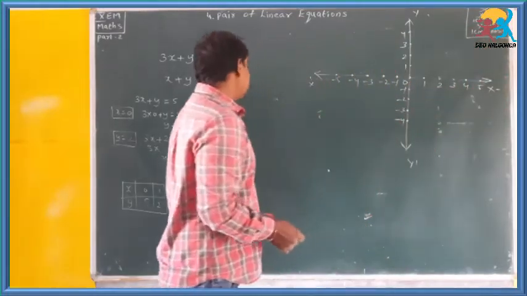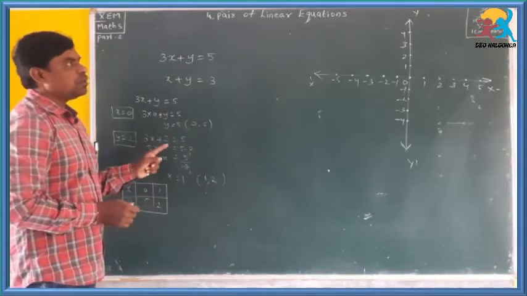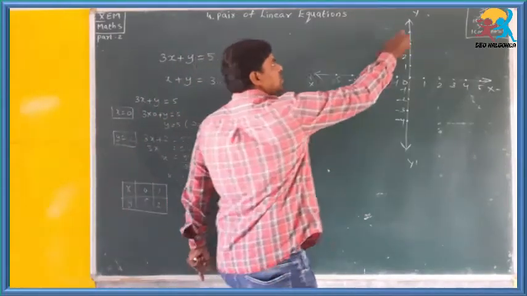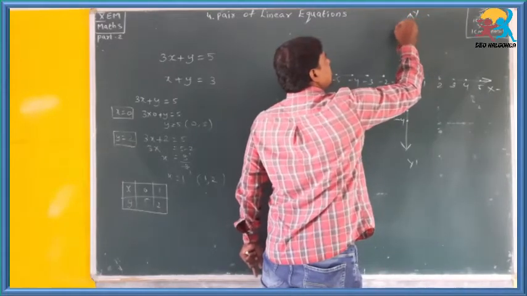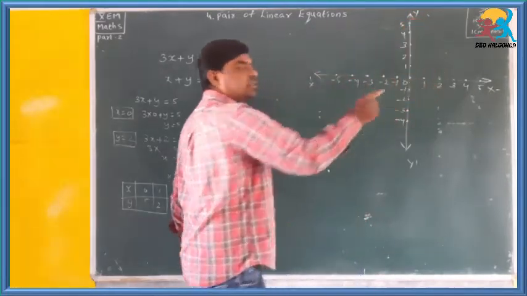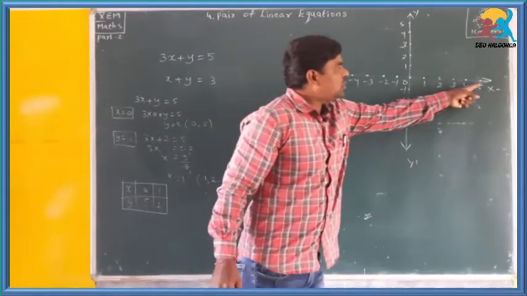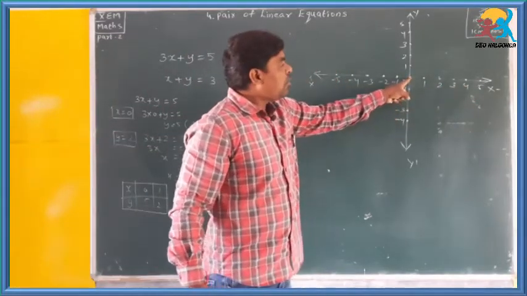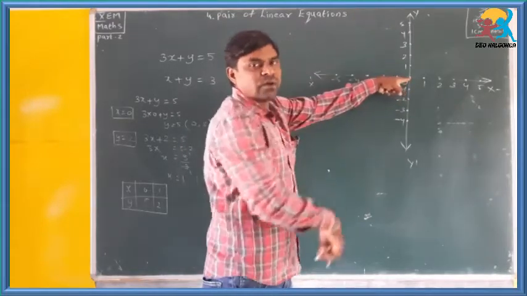After writing this scale, we have to denote the points 0 comma 5. So here you have to take 5 also. On the x axis we have to stand at 0. From this 0 we have to move in the upward direction or the downward direction.